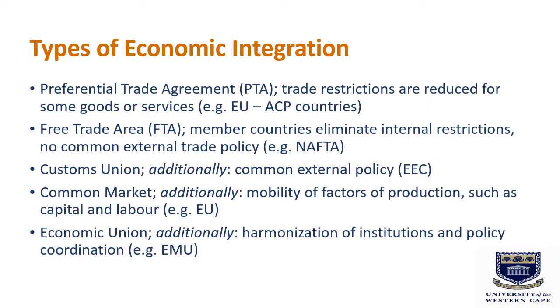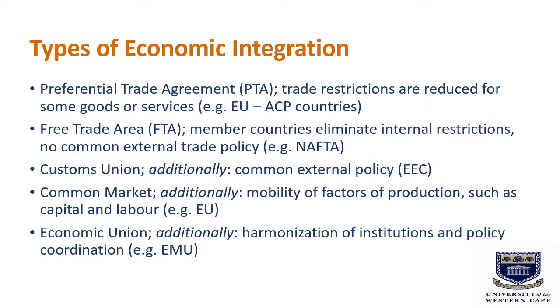But when we move to a customs union, it is exactly a free trade area, except that additionally to the idea that we eliminate all internal restrictions, we are also going to have a common external policy. So how each member deals with foreign countries is exactly the same in terms of trade policy.